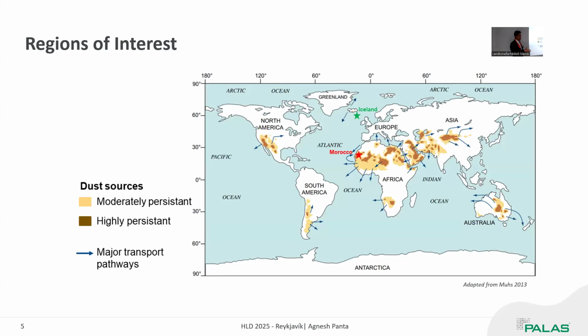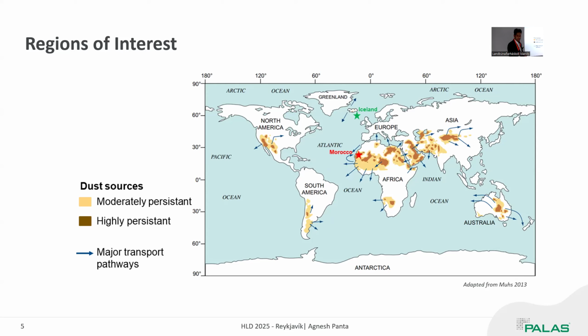So we all know this plot, basically showing that dust, even though it's generated in the source region, is not just staying there. It travels all over the globe and has implications not only locally but also on a global scale.